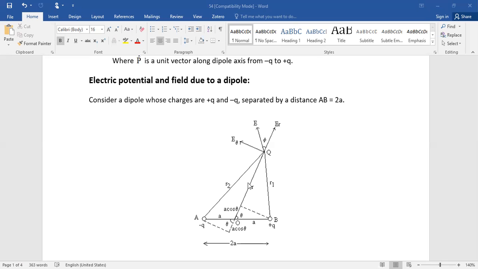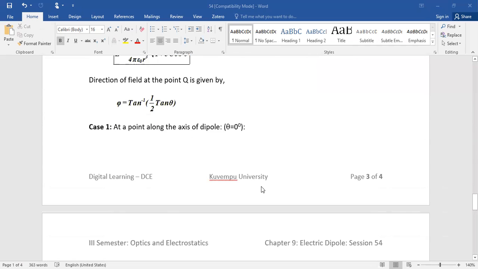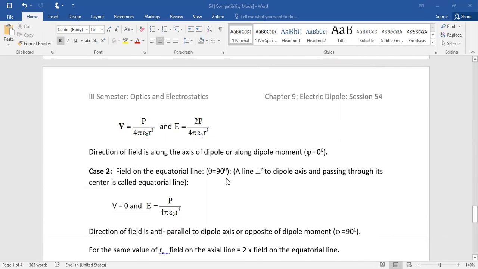Now the angle between the axis of the dipole and the line joining the center and the external point, which is a perpendicular line, is 90 degrees. So theta is equal to 90 degrees. Put theta equal to 90 degrees in the expressions for potential and field.